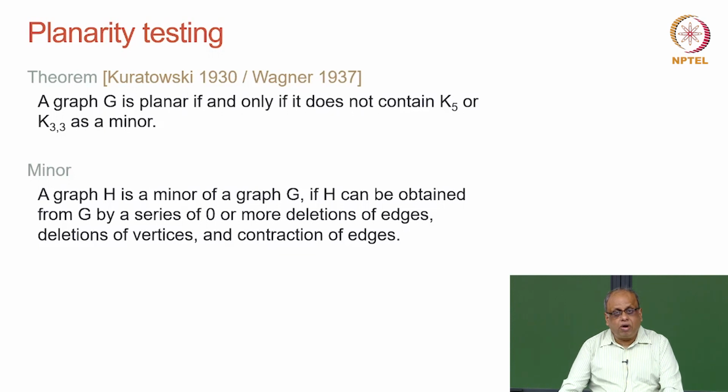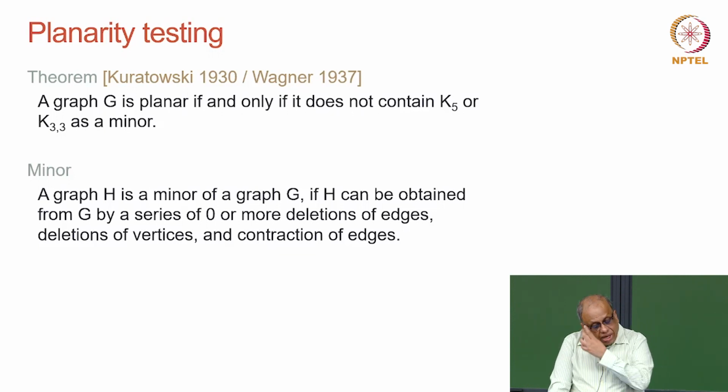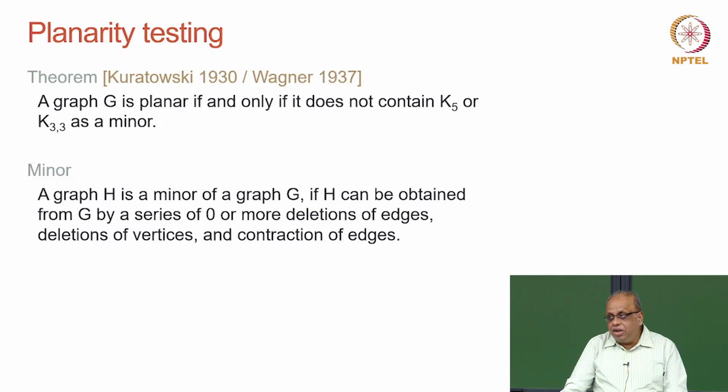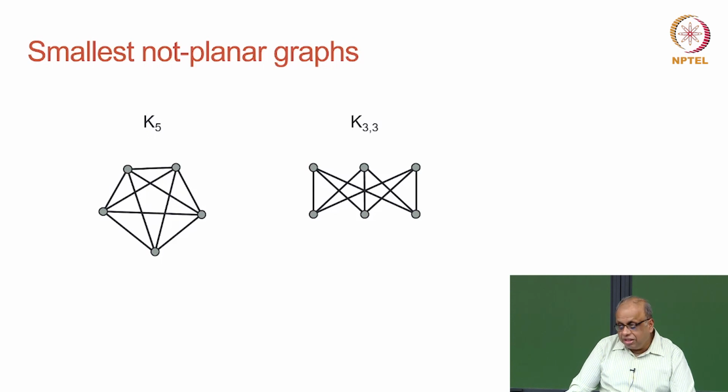So if you have a non-planar graph, it will have K5 or K33 as a minor. If you can draw a smaller non-planar graph than this, then let me know. So these are the smallest non-planar graphs.